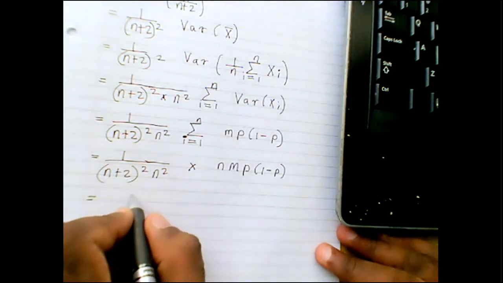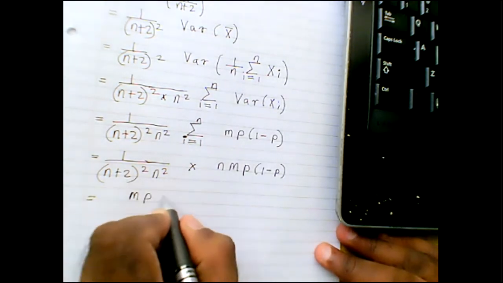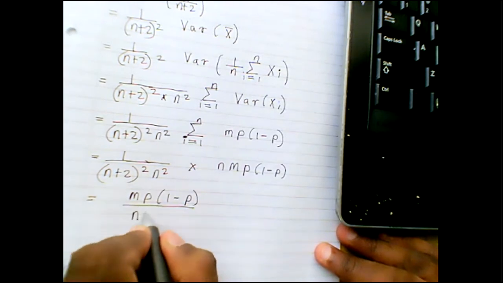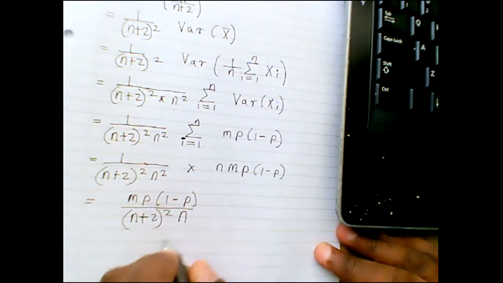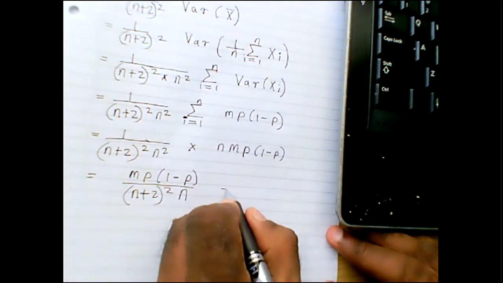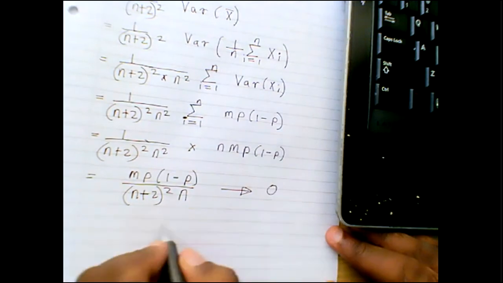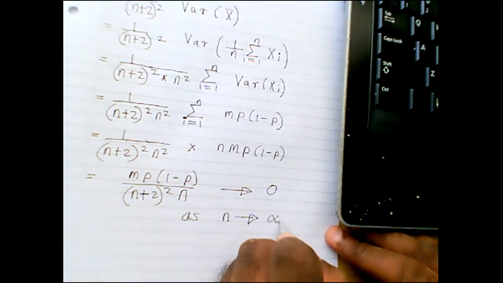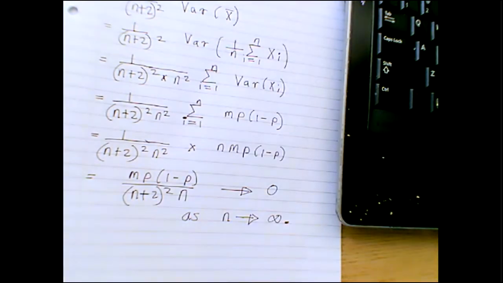So if you simplify, this is equal to n plus 2 squared divided by n, and this approaches 0 as n approaches infinity. All right, so this completes question number 10.